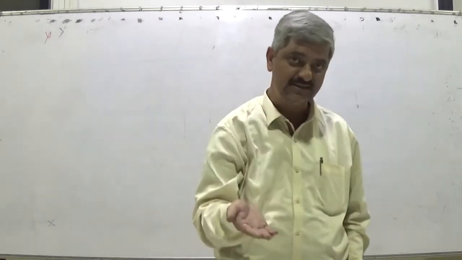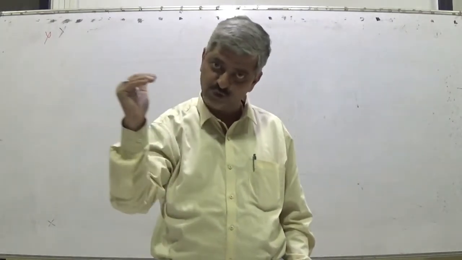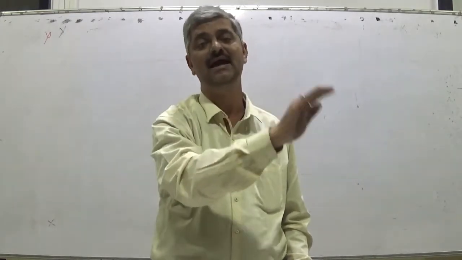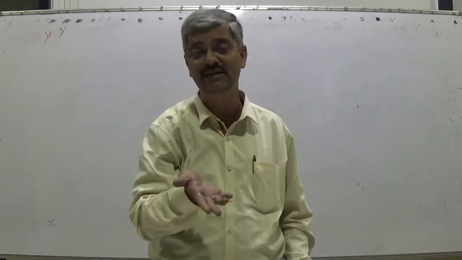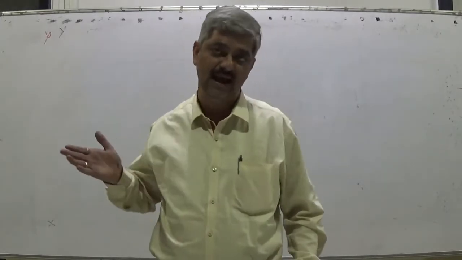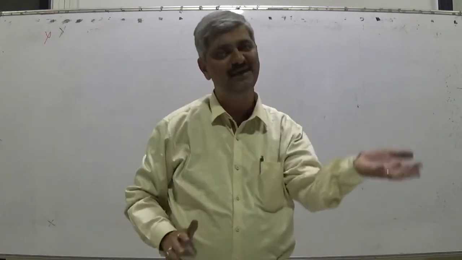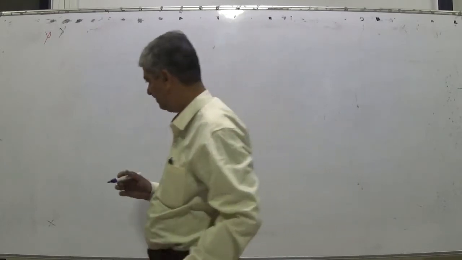If we pass a pure sinusoid, it comes out with a different gain and phase shift, and the gain and phase shift depend upon the frequency. But if I apply a mix of multiple frequency sinusoids, then what I obtain is totally different. So we go through different circuits one by one.